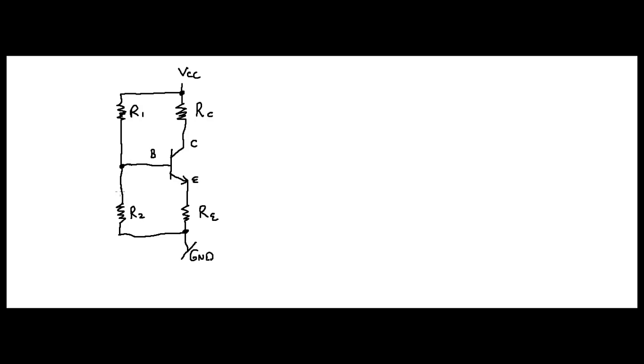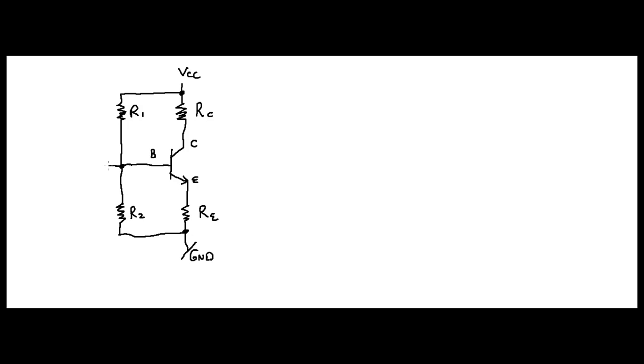So hence you have a voltage divider. Generally, the value of these resistors are approximately 10 times or more the values of the resistors used here. So very little current goes through this side of the amplifier.